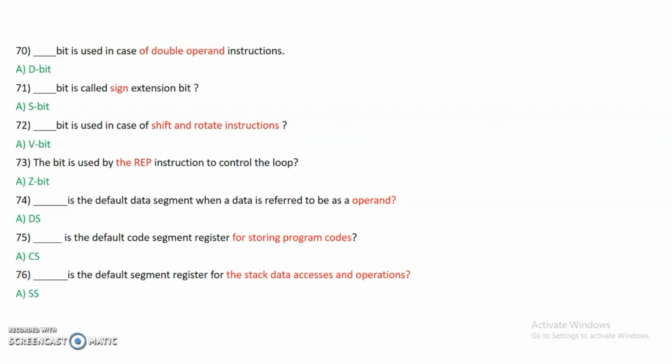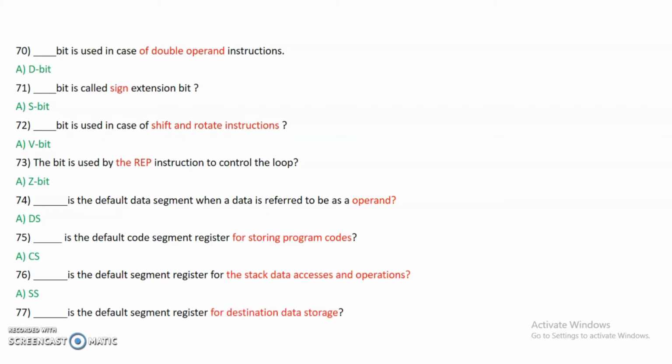If there is any operation like push, pop, or pull, the operation will always be on the stack segment only. So whenever there is any stack operation or stack access operation, the answer will always be stack segment.